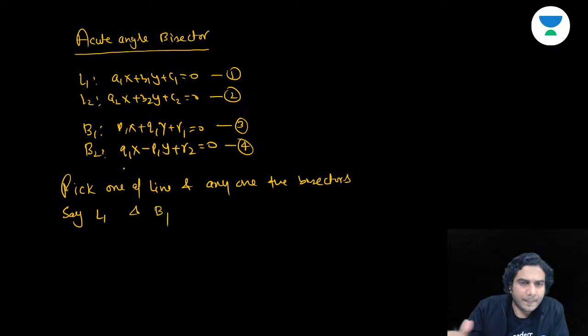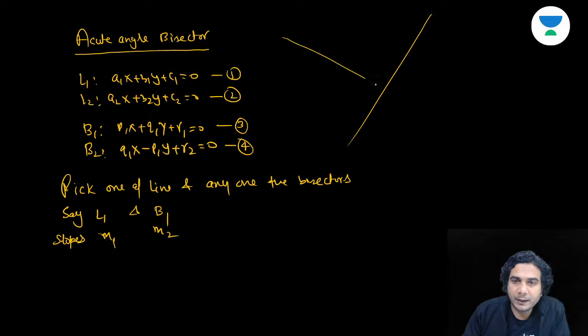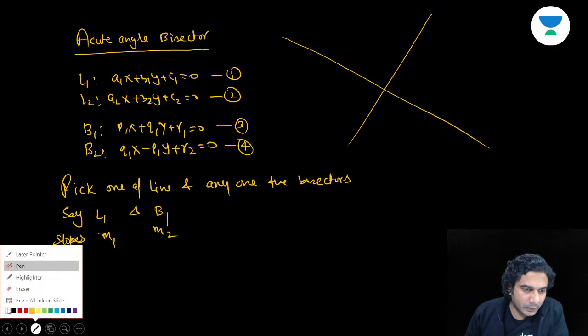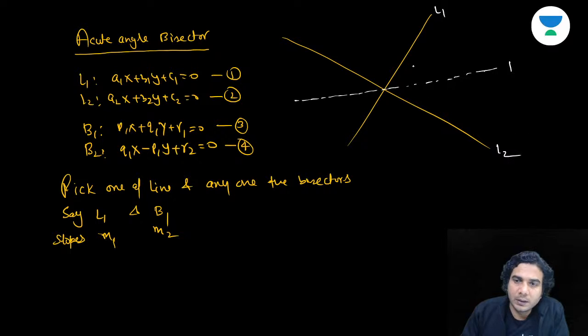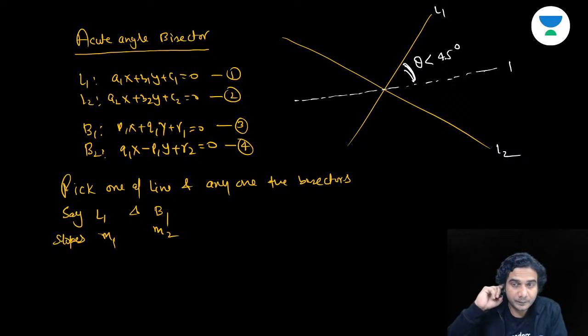The slopes are m1 and m2. Now let me tell you one thing. If this is the acute angle bisector, then the angle which the acute angle bisector makes with the L1 or L2 line is less than 45 degrees, right?